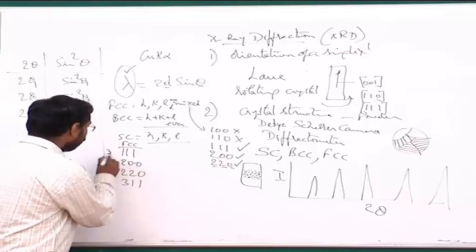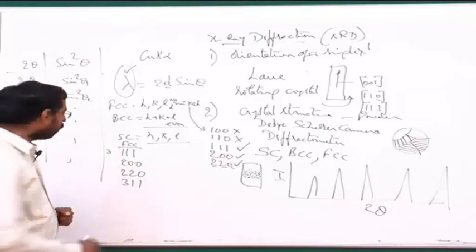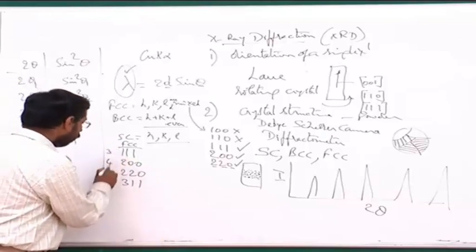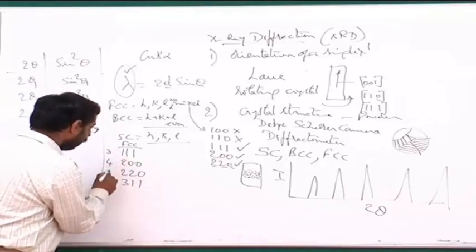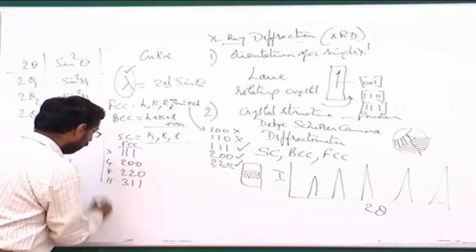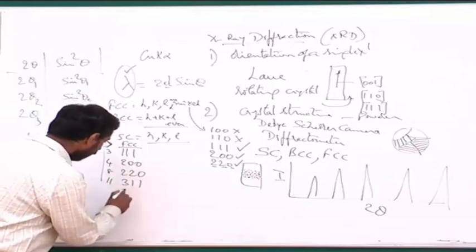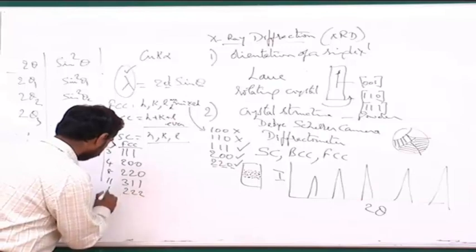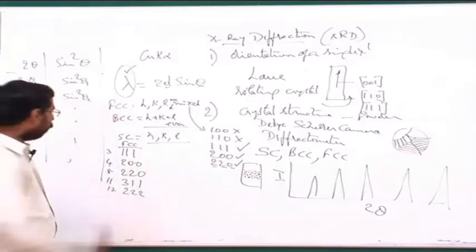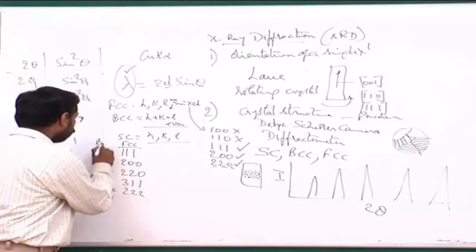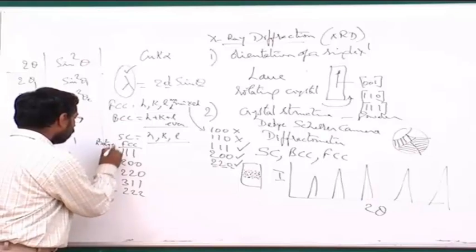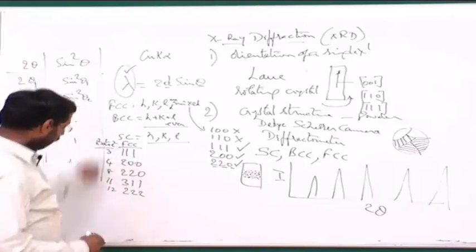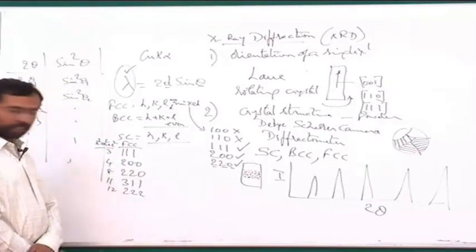If I take the squares of this, it is 3, 4, and then 8, 11, and then 2, 2, 2 is 12. So if you look at h square plus k square plus l square, it goes like this.